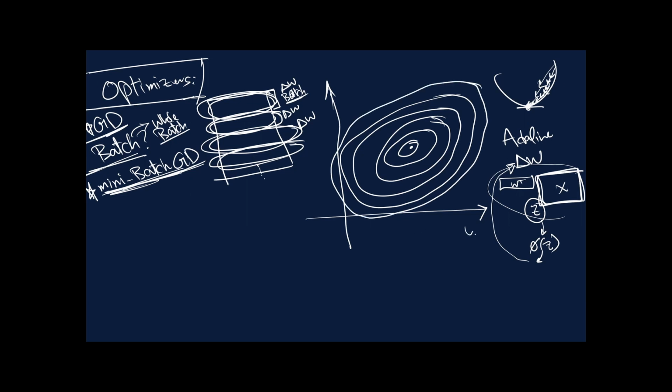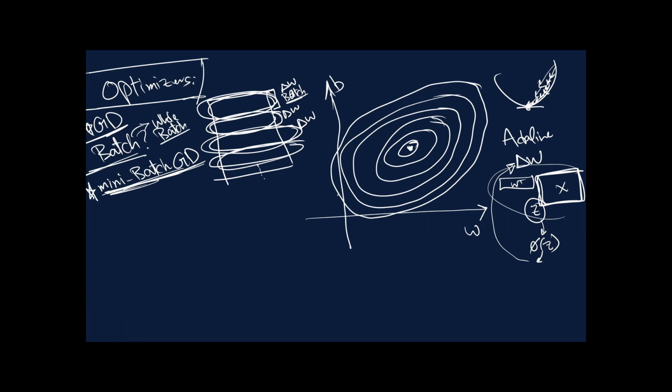Okay, so if we have one weight, let's say one bias, looking like that, and we imagine that this is, of course, our global minima, then we could say that our steps could be looking like this.